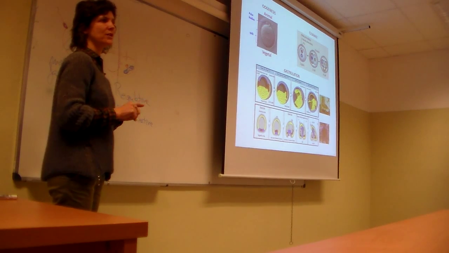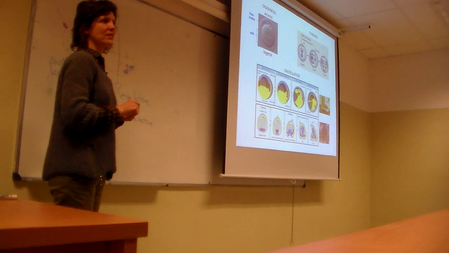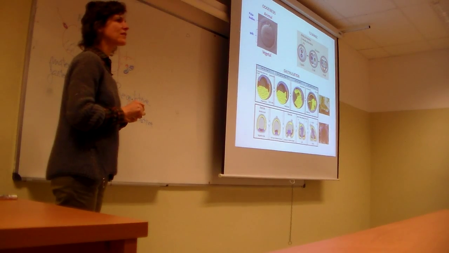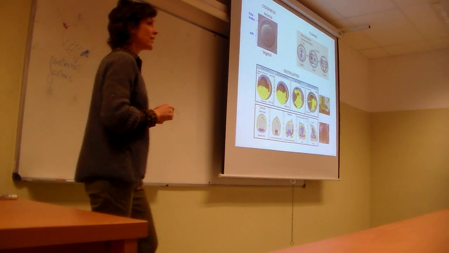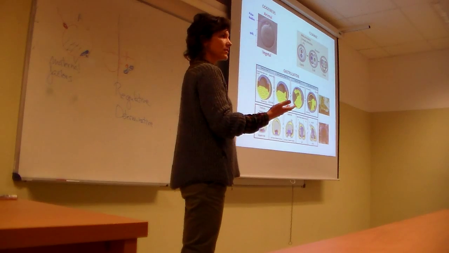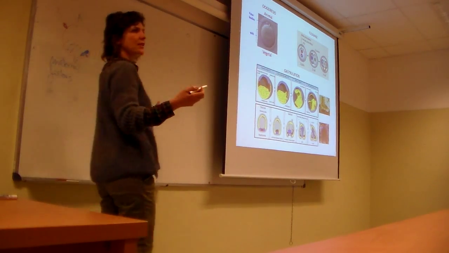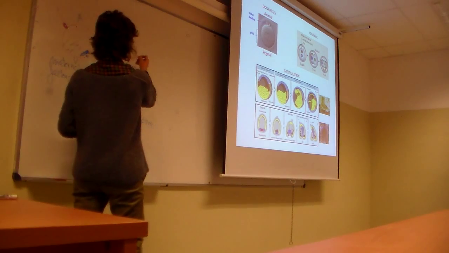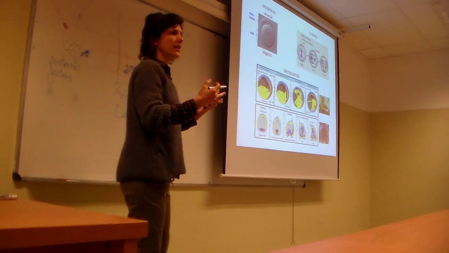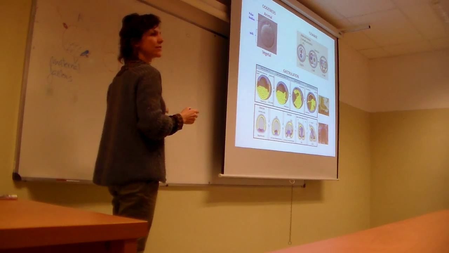What do you think? Sorry? They will give rise to two embryos, two normal embryos, because they sense that something is missing and the cells are able to reorganize again. This is the regulative, okay?